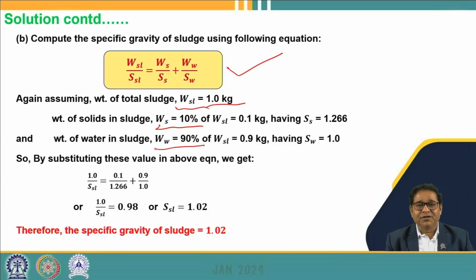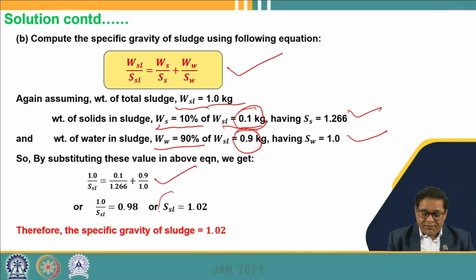Water will be 90%. So of 1 kg, 10% will be 0.1 kg, and 90% of 1 kg will be 0.9 kg, and their specific gravity is this. So now putting these values in the above equation, we can find out the specific gravity of the sludge, which will be equal to 1.02.